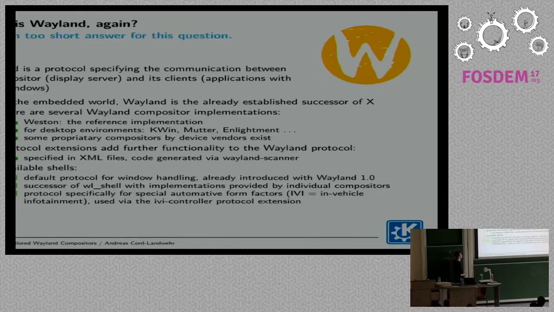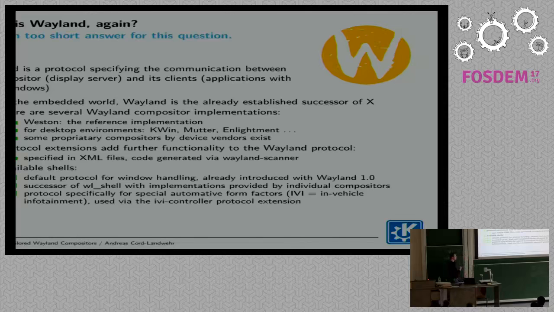Those protocol extensions are defined in a well-defined standard. Then you have some tooling that creates boilerplate code and connects it to your programs, and then you can simply use it. There are different available shells, which is kind of which language you speak to your compositor. The default one is the WL shell that was introduced in Wayland 1.0, and we have the XDG shell, which is the actual successor.